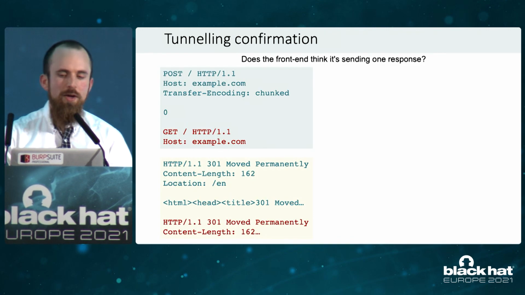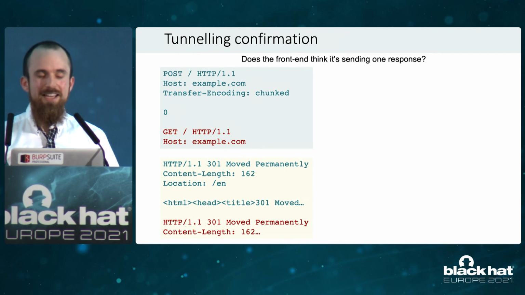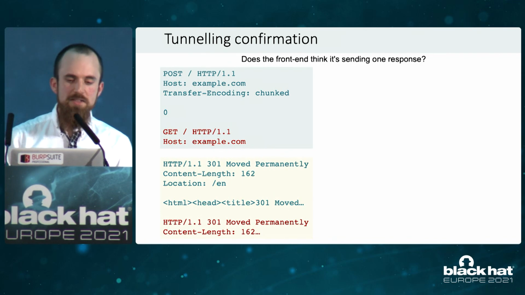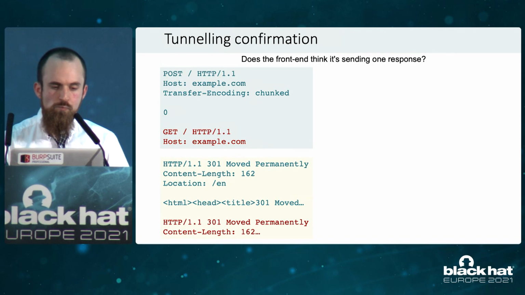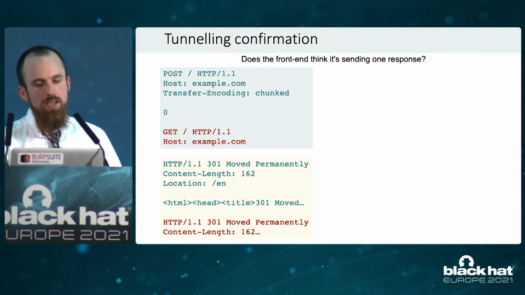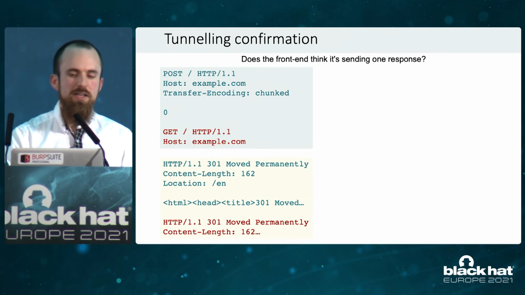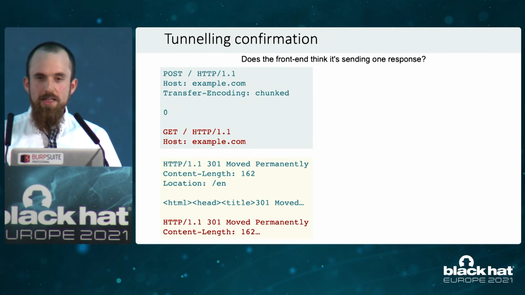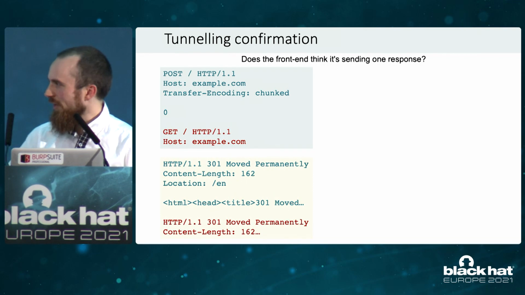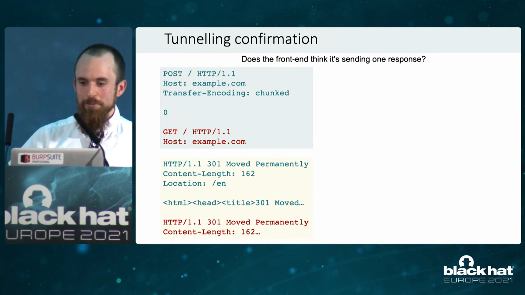You might think it's quite easy to detect, just smuggle a complete request and see if you get 2 responses. But the response that you can see here doesn't actually show that this target is really vulnerable, because that's how HTTP 1.1 pipelining works. So what that tells you is maybe they're vulnerable, maybe they're not.